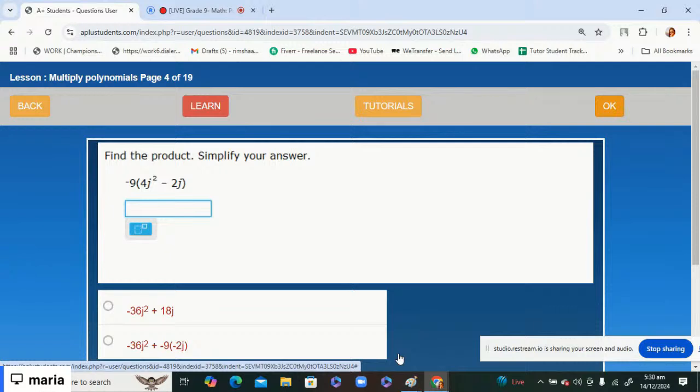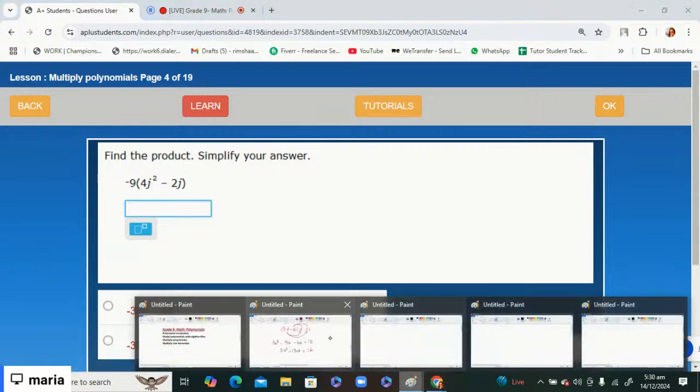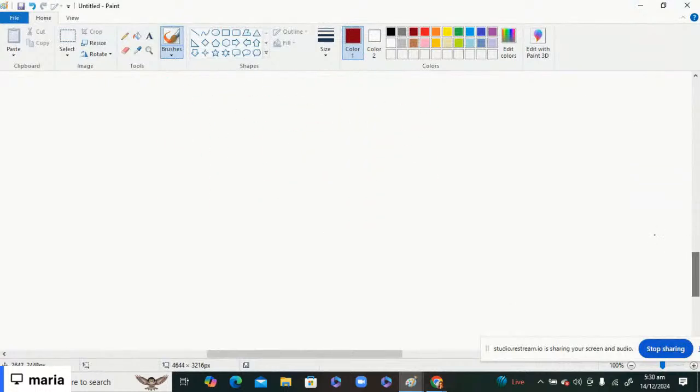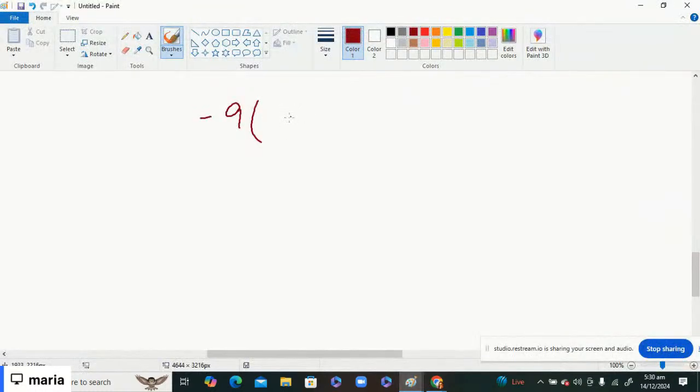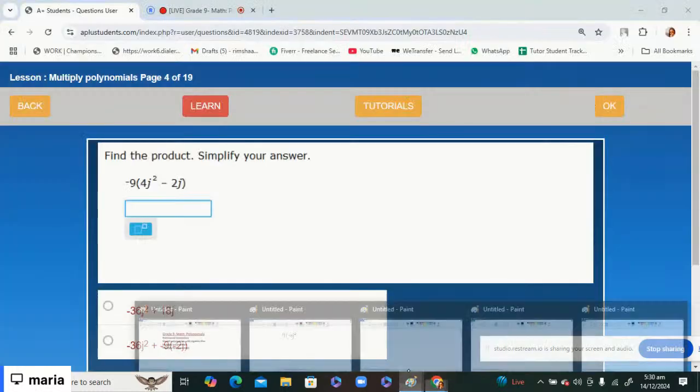Find the product, simplify your answer. Multiply minus 9 with the inside of this. Let's do it. Minus 9 multiplied with 4J square minus 2J.